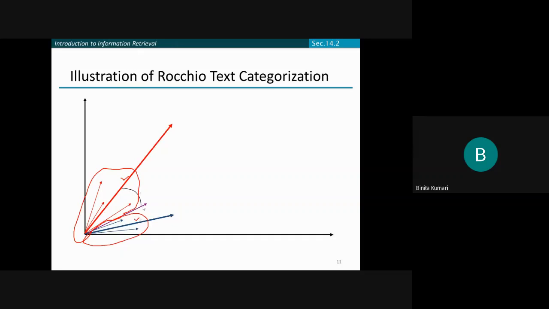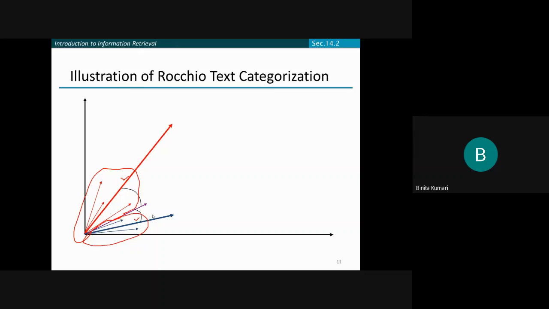So here we find the distance between the test document and the red class centroid, and we also find the distance between the test document and the blue class centroid. By finding the distance, we see that the distance between the test document and the blue centroid is less as compared to the test document and the red centroid.